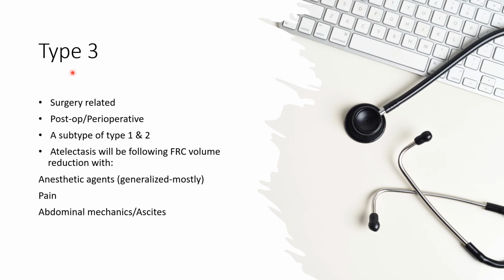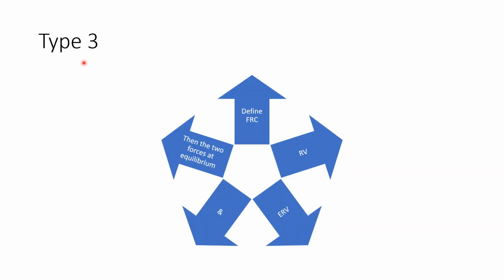I will explain further why we can get into trouble with functional residual capacity giving us atelectasis. Let's go. Like I promised, let me fulfill that right now. So let's go into details about functional residual capacity.